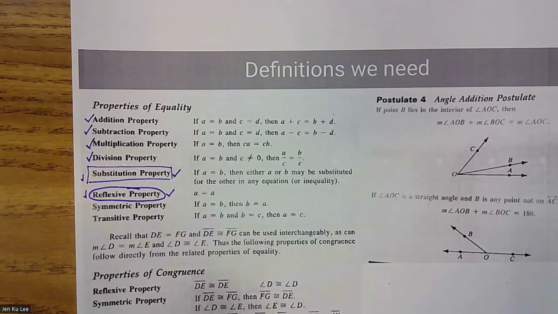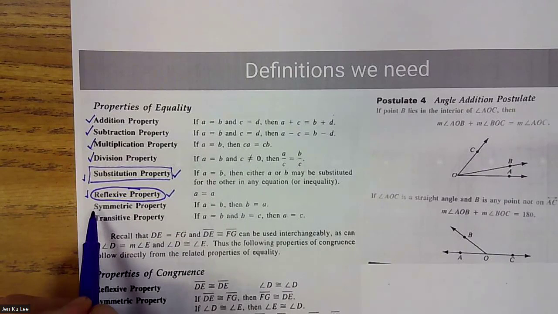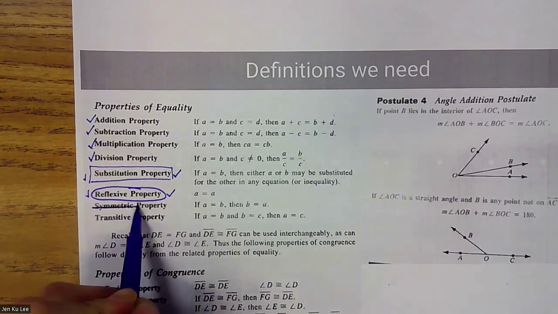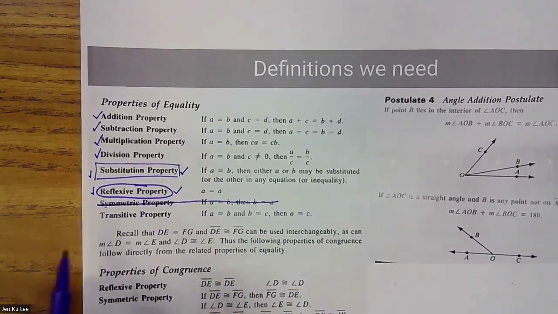When you're looking at yourself in the mirror, you in the mirror is the same thing as you in real life. You equal you. So that's the reflexive property. The symmetric property we're not going to talk about, so you can draw a line through it.